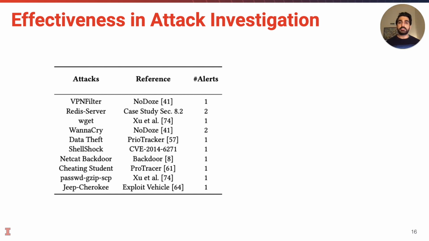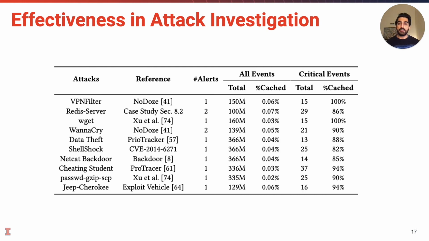To further investigate the reason for this time reduction, we also studied what was maintained in the main memory and stored on the disk for 10 APT attacks that we simulated at NEC Labs. These attacks are shown on the slide. In this table, the column all events represents all the enterprise-wide system events that were collected at NEC Labs, while the critical events column represents only attack-related events.